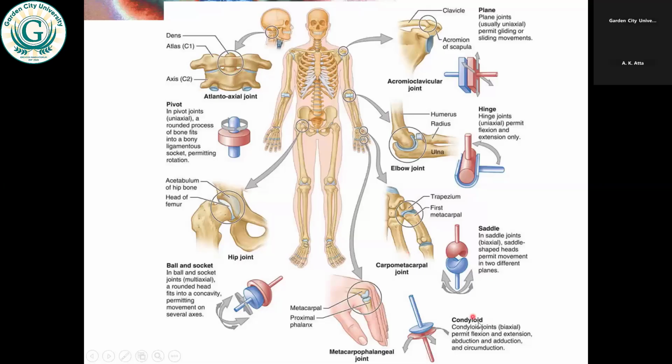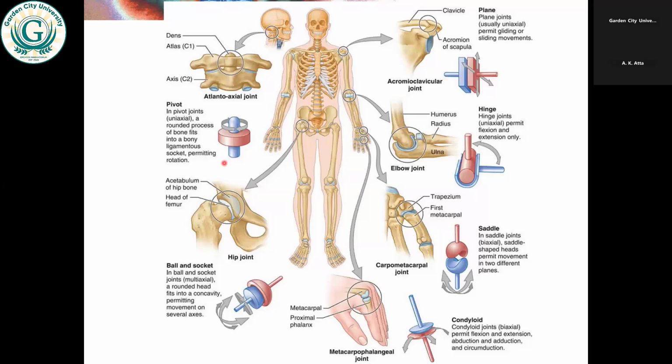Then the condylar type of joint, a typical example will be between the occipital condyle of the occipital bone and the first cervical bone, the atlas. So the type of joint there that enables you to nod your head is a condylar type of joint.